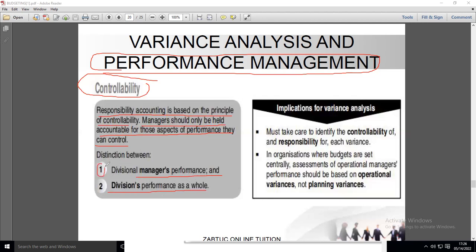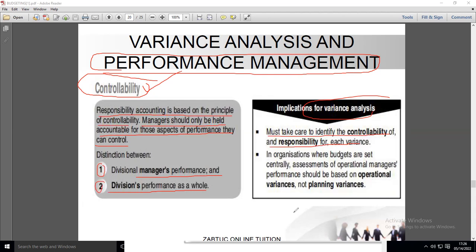Now, these are the items that we have discussed at length, and all of us are experts on this. So what's the implication of this principle when it comes to variance analysis? How do we apply this? Answer: we must take care to identify the controllability and responsibility for each.